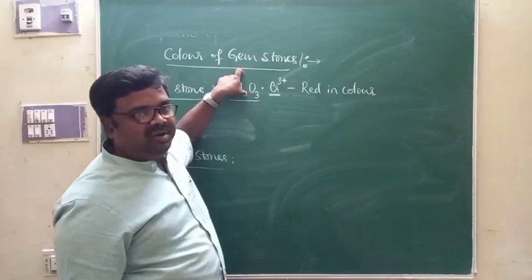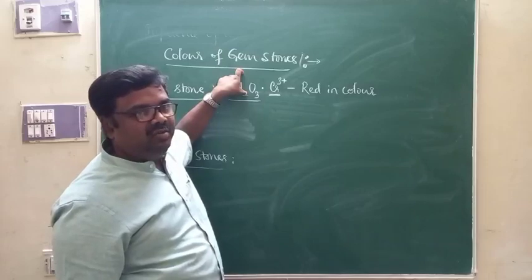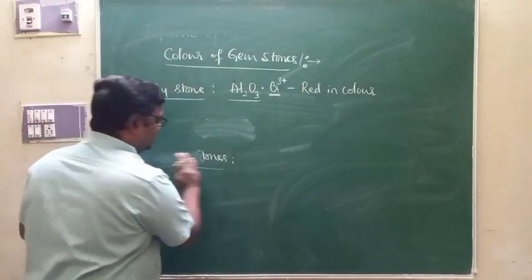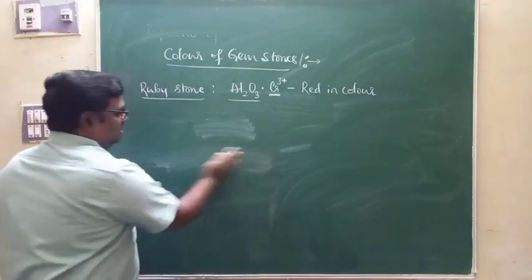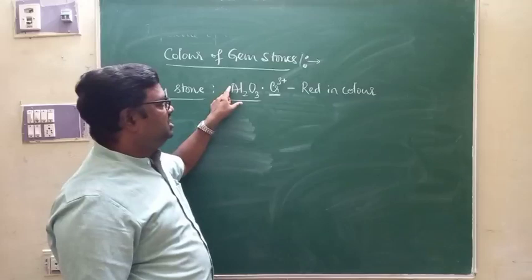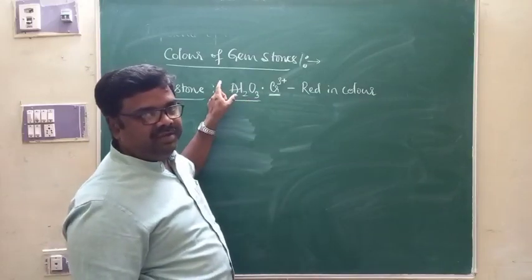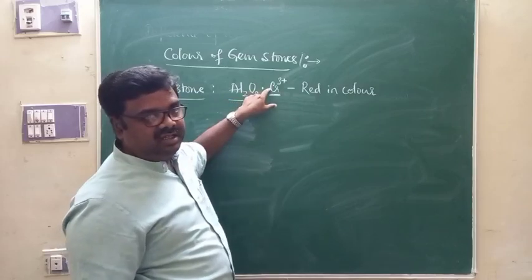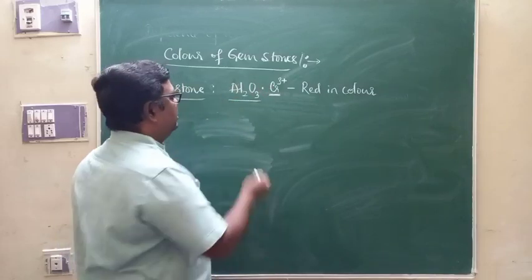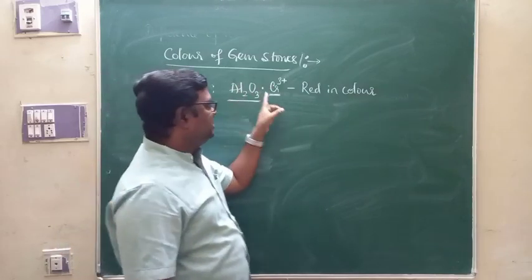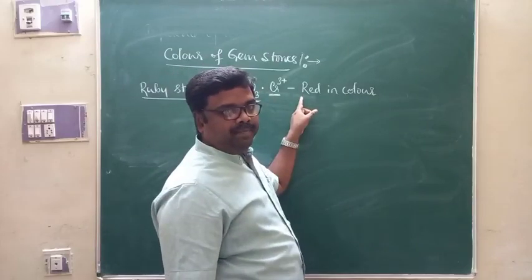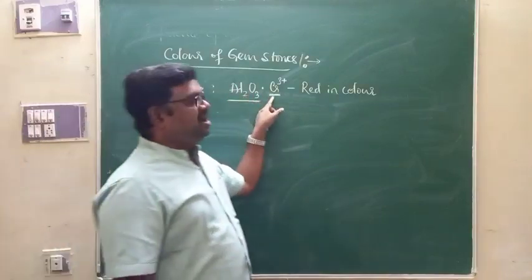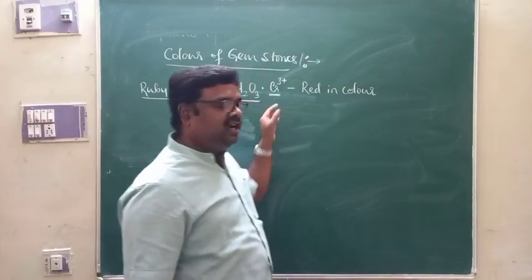The lattice of alumina is characterized by aluminum ions and oxide ions, is it not? In the crystal lattice of alumina, you can find Al3+ ions and oxide ions. If I mix this Al2O3 crystal with Cr3+ ions, some of the Al3+ ions are replaced by Cr3+ ions. That is, lattice sites of Al3+ ions are occupied by Cr3+ ions.